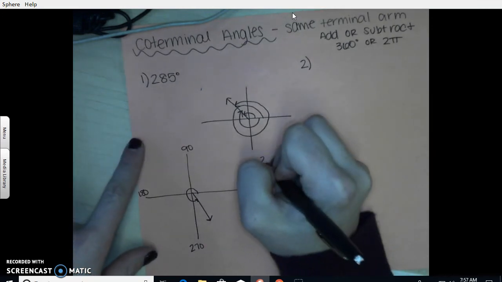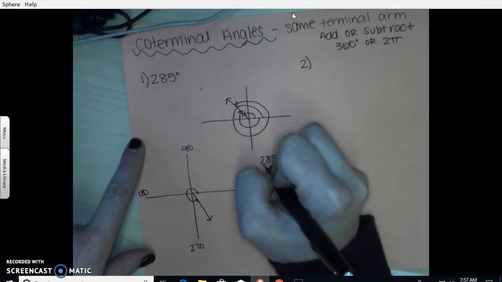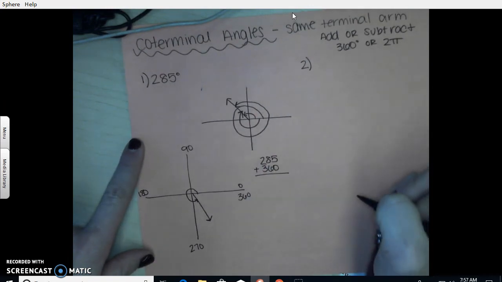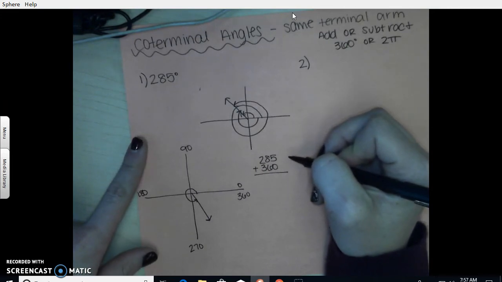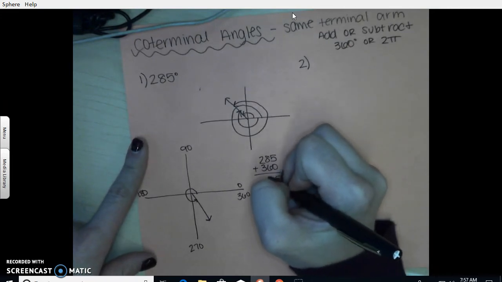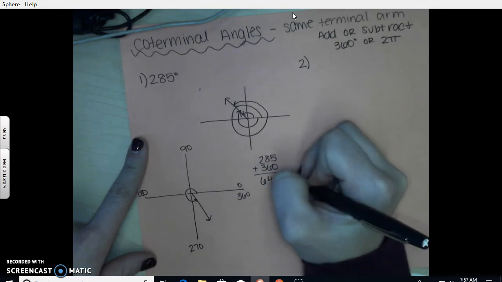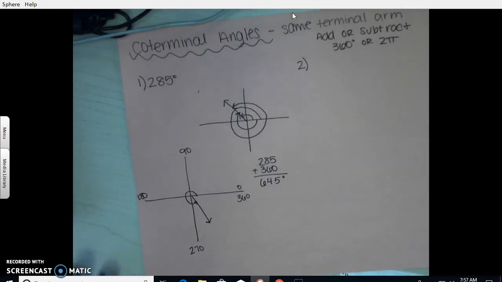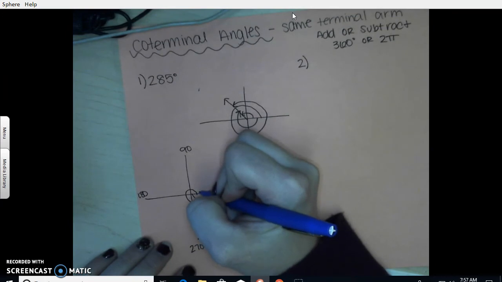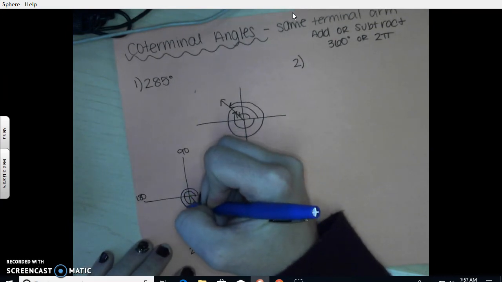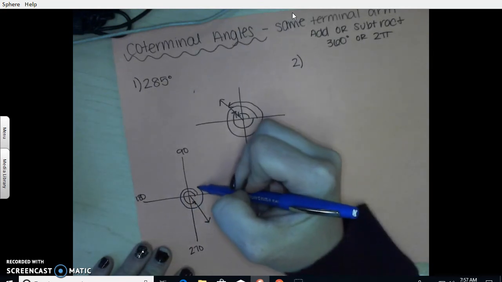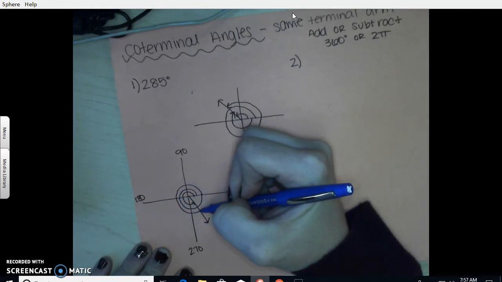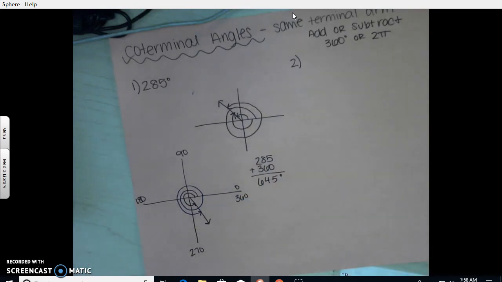Now if I take 285 and add 360, that means I'm going around my circle one time and then going another 285 degrees. And that would be 645 degrees, which would mean I go all the way around my circle for the 360, and then I keep going to get to the rest of the 285.